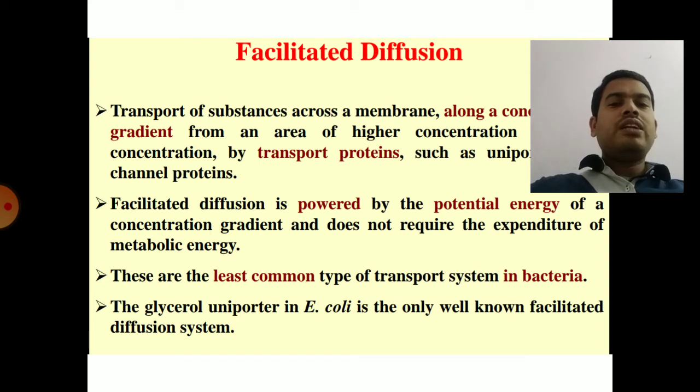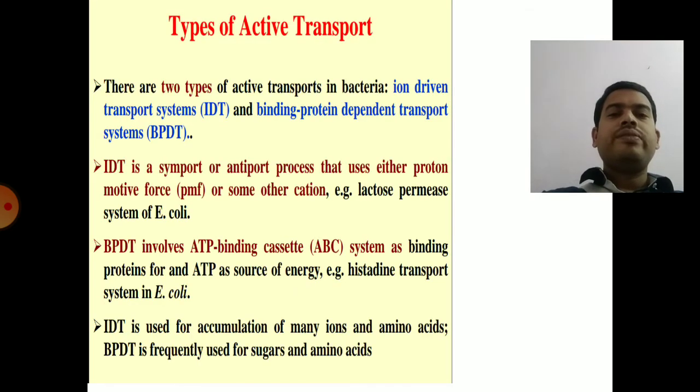Only a few molecules are transported by facilitated diffusion, and the best example is the glycerol uniporter in E. coli cells, where glycerol is transported from higher to lower concentration with the help of transport proteins. So that is facilitated diffusion.